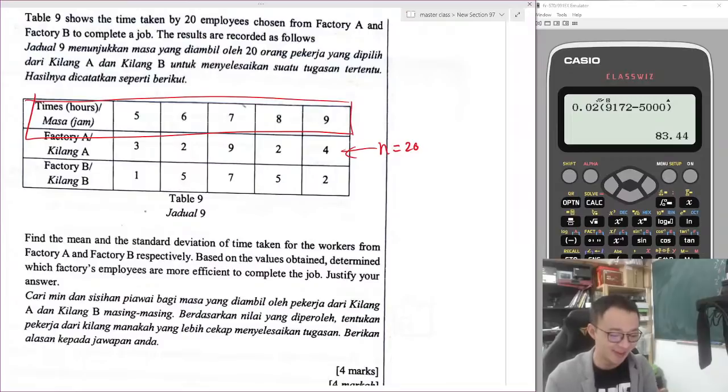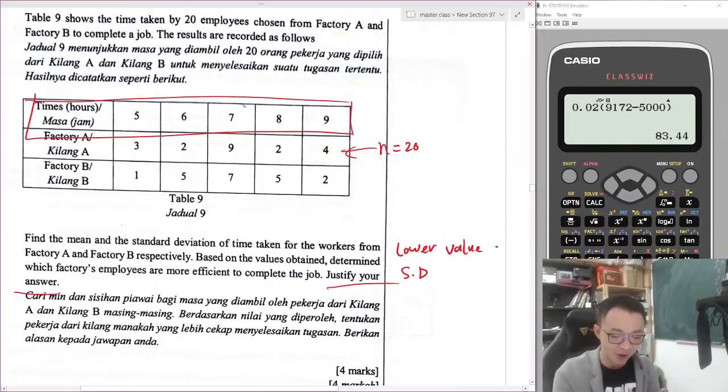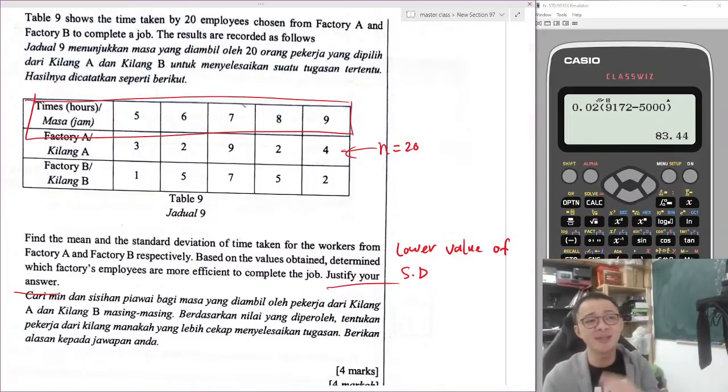Normally for something like this, in order to justify my answer, I will use the standard deviation. I will use the lower value of standard deviation. Why? Because like I explained many times, the lower the standard deviation, the more consistent whatever value you want to find is.